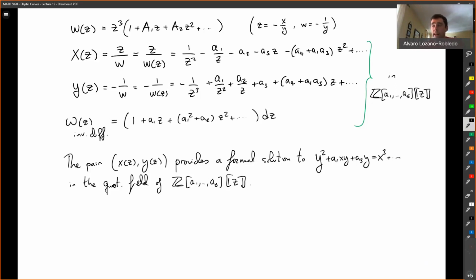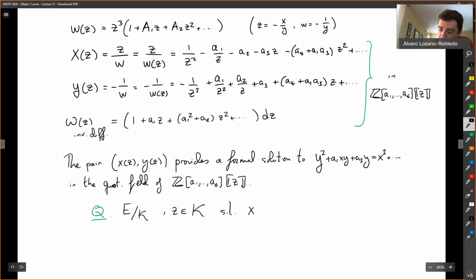Okay, so now the question is, over what fields can I pick an elliptic curve over K and pick a value in K such that these power series X, Y converge?